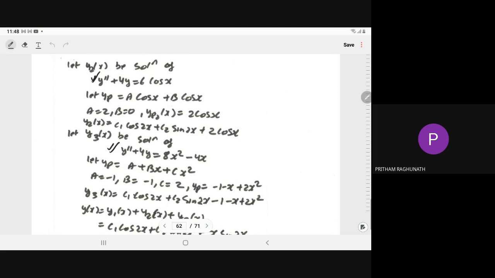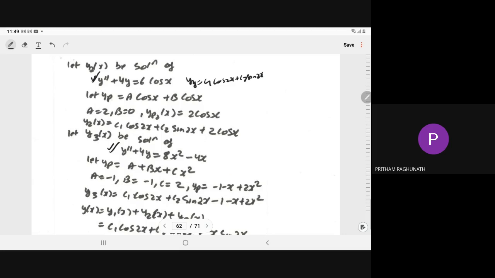Now corresponding to the second problem, y'' + 4y = 6 cos x. The homogeneous or reduced equation is the same as the first problem, the auxiliary equation is the same, and the general solution will be the same. So yg is the same, c1 cos 2x + c2 sin 2x.